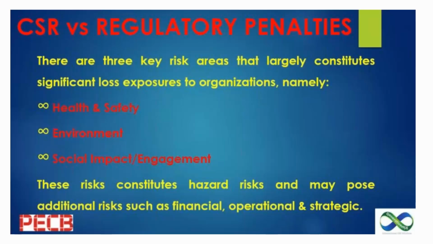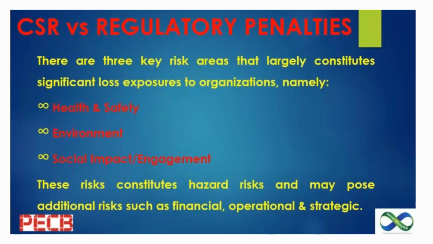So the areas that I'll be making reference to this morning are the health and safety aspect of the business environment, social impact and engagement. For example, on social impact and engagement, in some cases, some companies have been known to be involved in bribery, corruption, and all that.